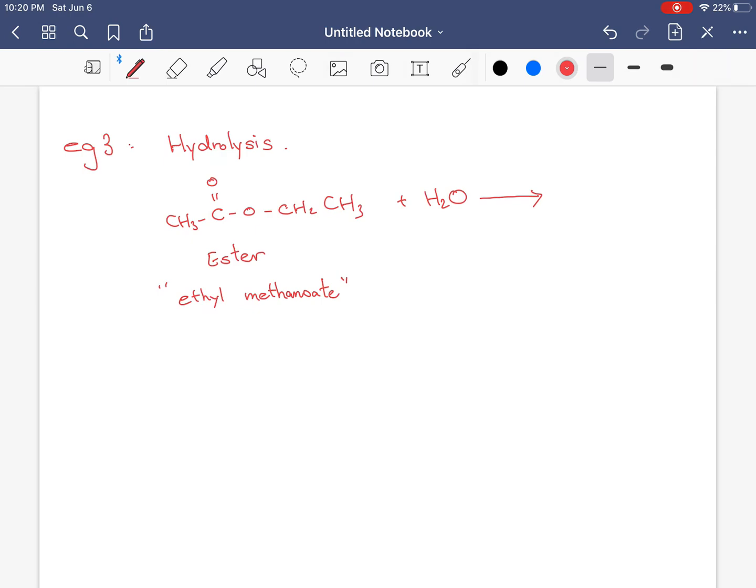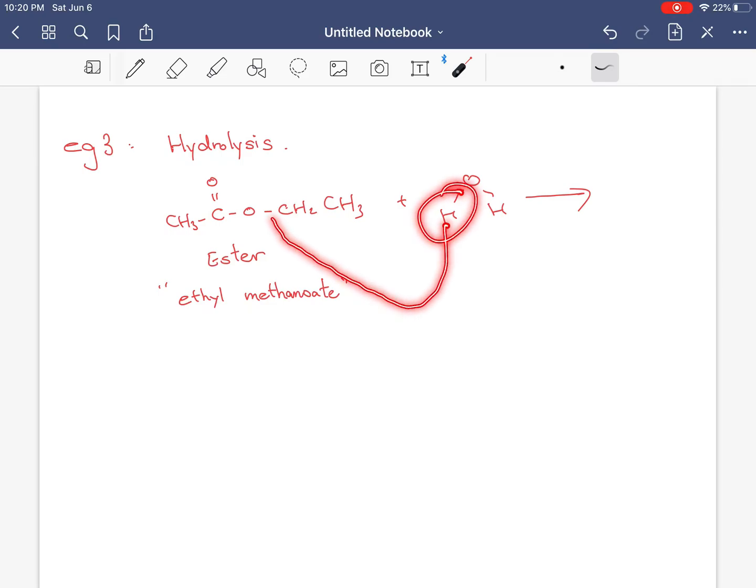So what happened is very simple. Let me just draw the water instead. The water will break into OH and H. The H portion will bond with the O. The OH portion will bond with the C. Like that.